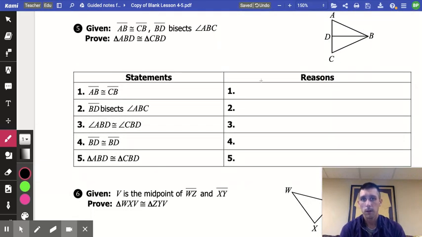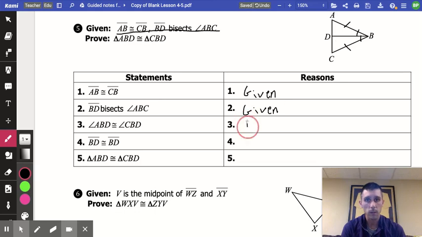All right. Number 5, AB is congruent to CB, and BD bisects ABC. So ABC is this one. If it bisects it, that means it cuts it in half. All right, so we have everything marked. AB congruent to CB, given. The next part was given. How do we know that angle ABD is congruent to CBD?